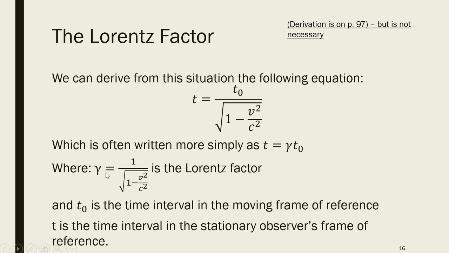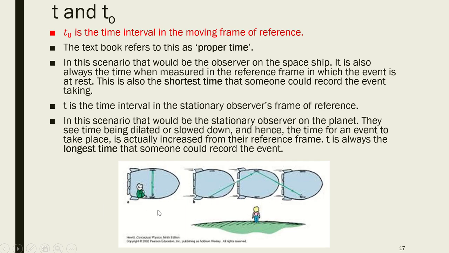This is known as the Lorentz factor. Also on your formula sheet is a definition for t naught. And SACE's definition for t naught is the following. t naught is a time interval in the moving frame of reference. So if we go back to our spaceship, t naught is the time interval in this frame of reference here.